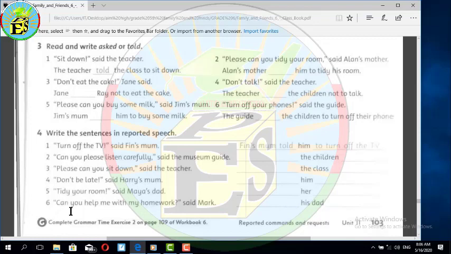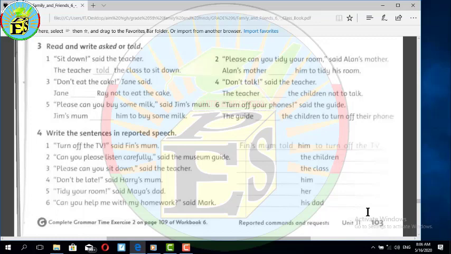Number 6. Can you help me with my homework? Is this a request or a command? Very good. It's a request. So we will use asked. Said Mark. Mark asked his dad to help him with his homework.